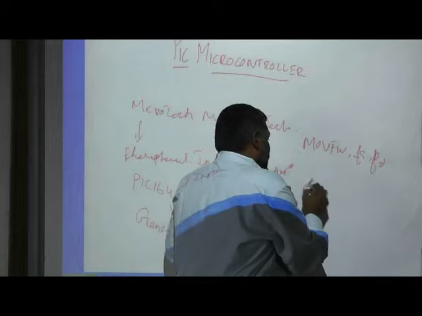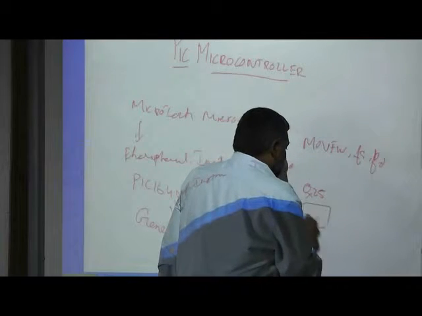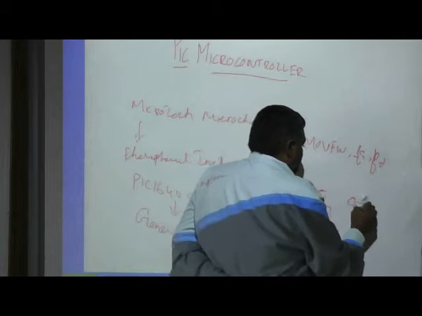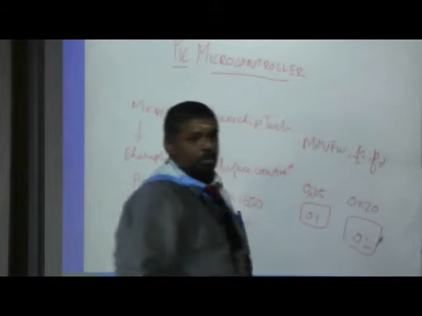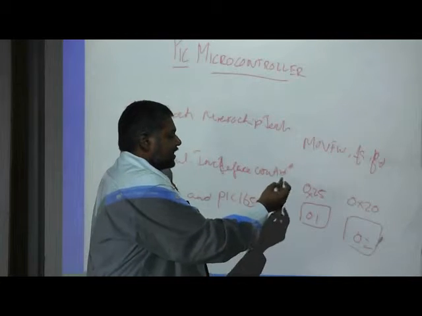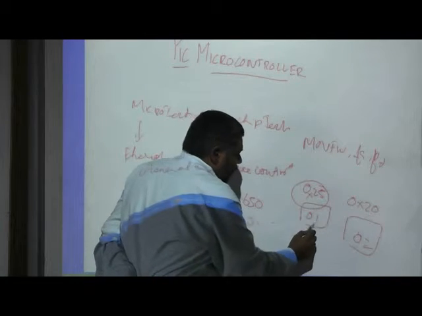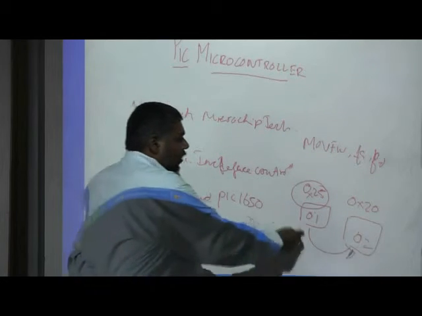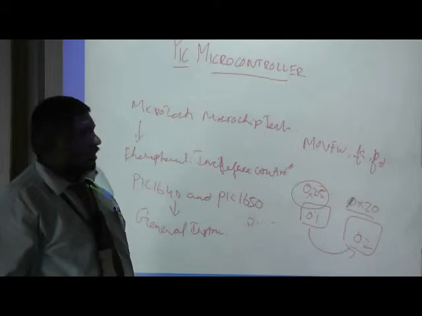Suppose we have register 025 whose content is 01, and another register 020, which is the destination register, having some value 02. What happens when I execute this instruction is that the content of register 25, which is 01, is copied to the destination register 020.